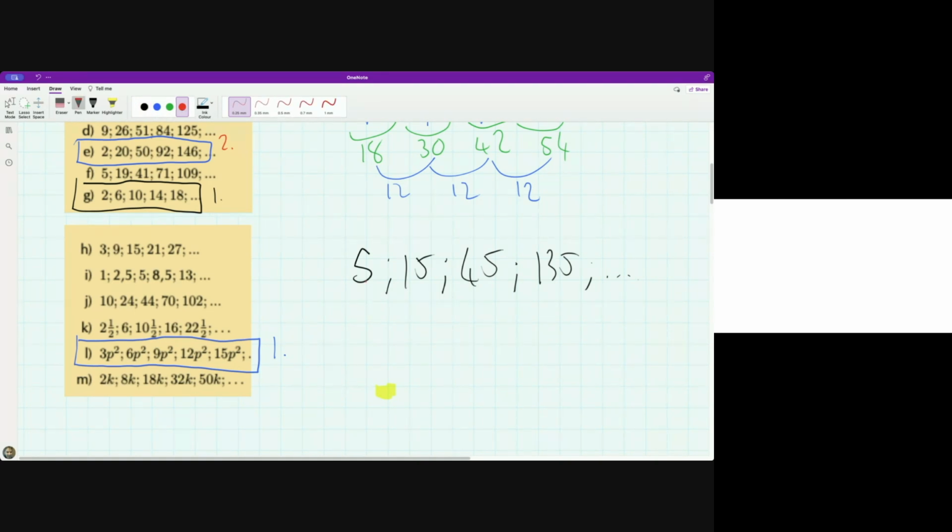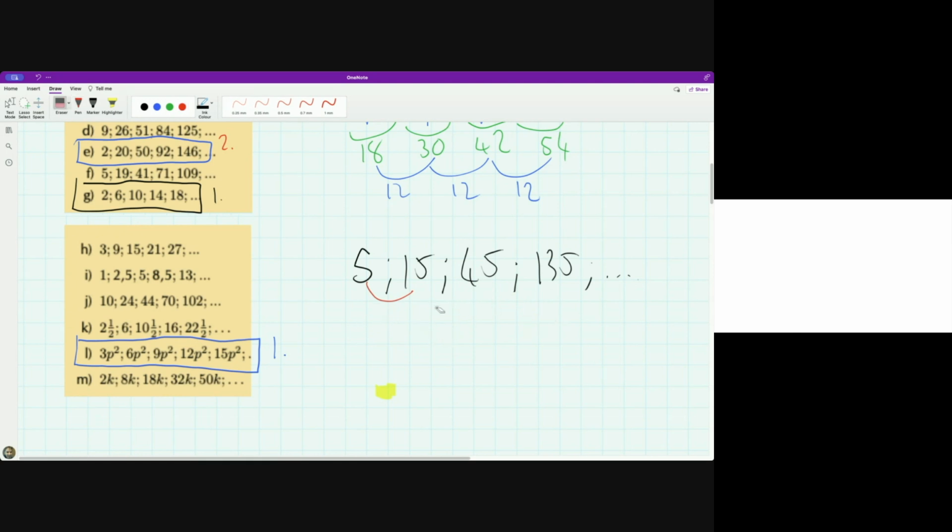Okay, so this is not a quadratic or a linear, because if you look at the differences, that's 10 and that is 30 and that's like monstrous. What's that? Like 60 and 30, that's 90. What we notice is that the first differences are not constant and the second differences are not constant.